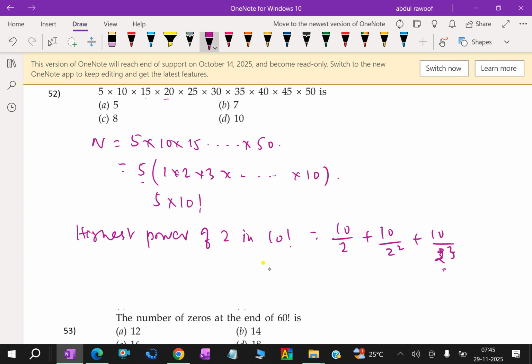Here it is 8. So 8 is lesser than 10. Suppose 10 to power 4 you cannot take, because 2 power 4 is 16, it is greater than 10.